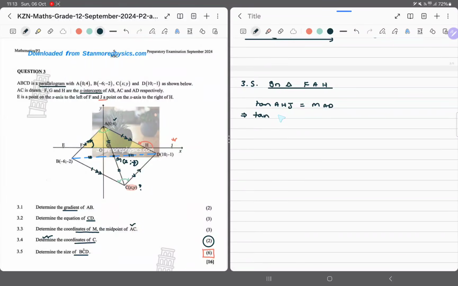So we know that the tangent of AHJ, please don't forget the cap, is equal to, but some people actually write angle AHJ. That angle already means the one in the middle. So know the notations of how to express an angle mathematically. It's very important. So y at D minus y at A over x at D minus x at A.